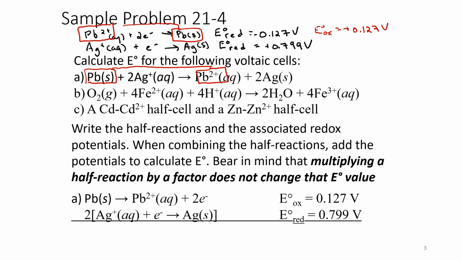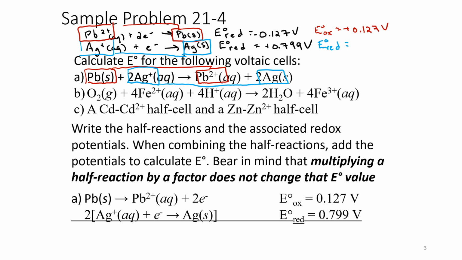All right, now also, if we look at our silver, we have our silver cation, and it is becoming solid silver. In our problem, I have 2 silver cations becoming 2 solid silvers, like so. All right, so we are going from something that's a cation to a solid, so this is a reduction.